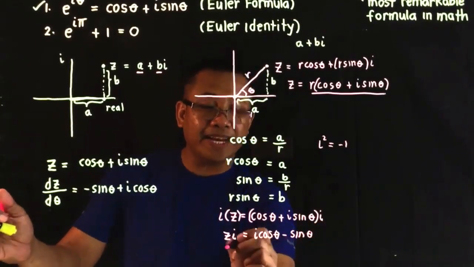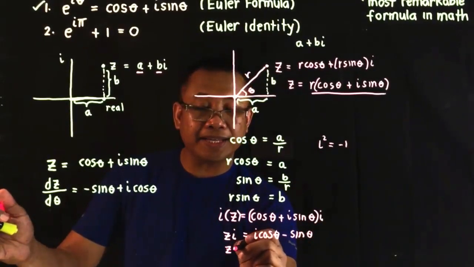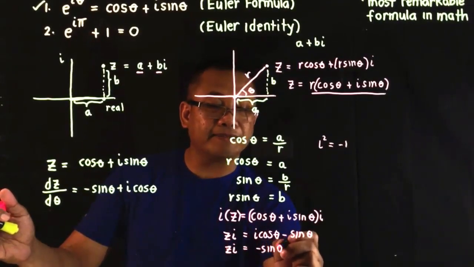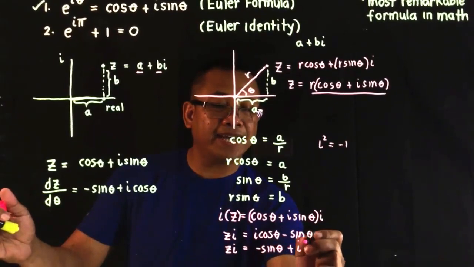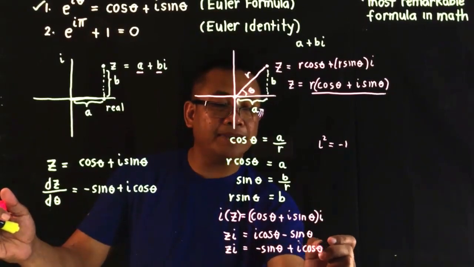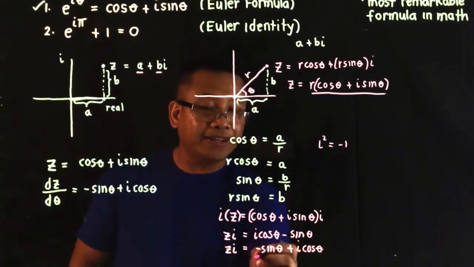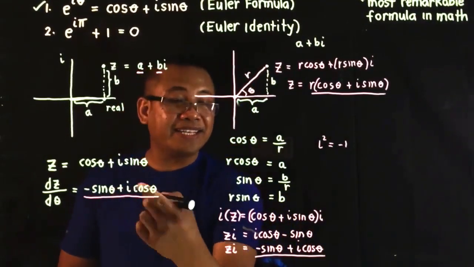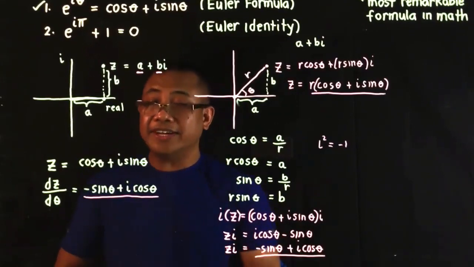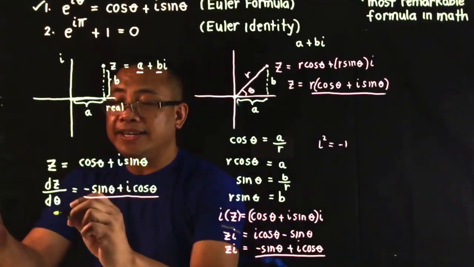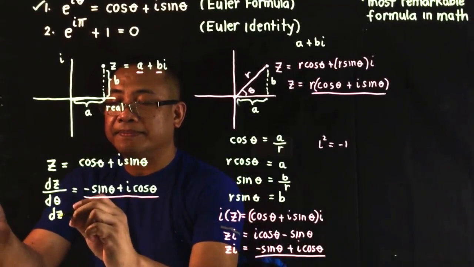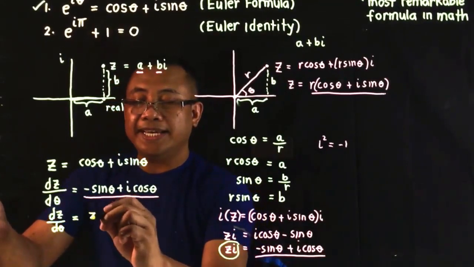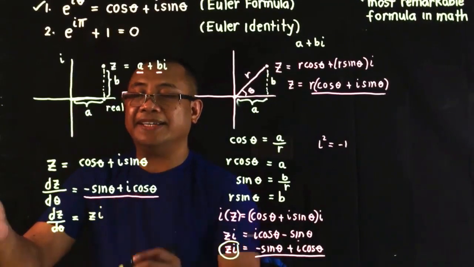And rearranging the right side, we arrive at z times i is equal to negative sine of theta plus i cosine of theta. Notice now that this right side is exactly this right side here. So therefore, dz over d theta is equal to this value, z times i.